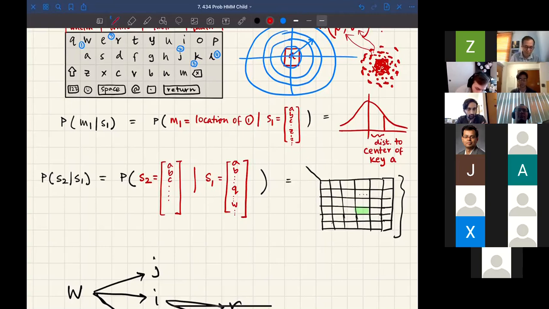Why did I write QW? Because this is likely to be QW or A. So A, Q, W are more likely.